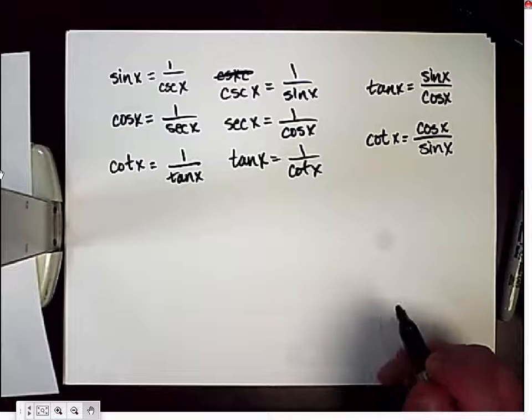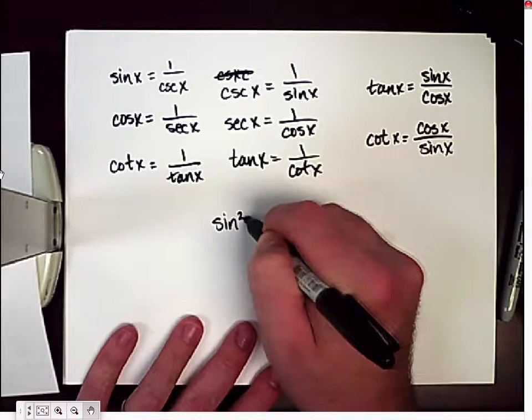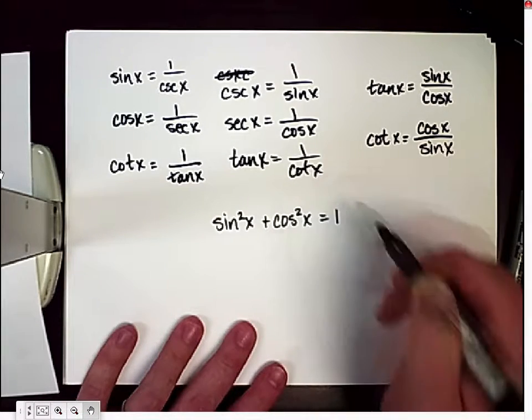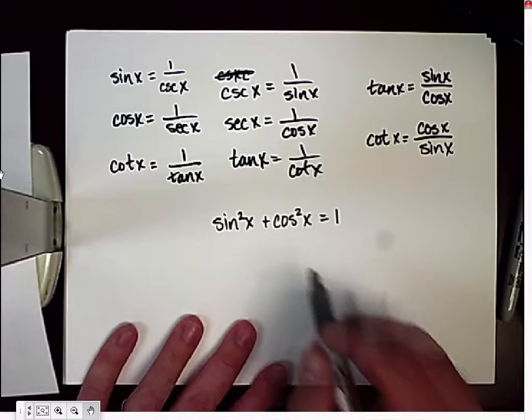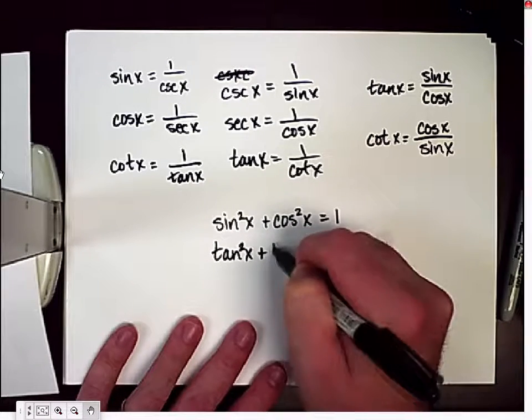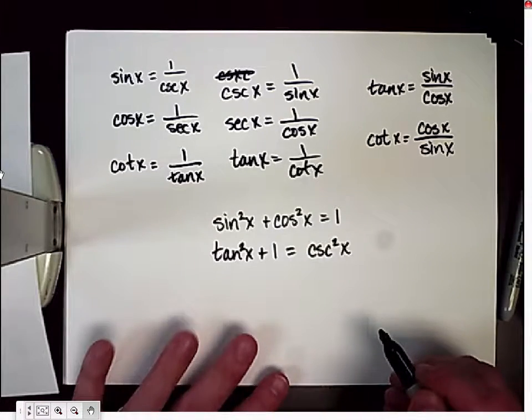And then we learned 3 new ones. Sine squared x plus cosine squared x equals 1. Tangent squared x plus 1 equals cosecant squared x.